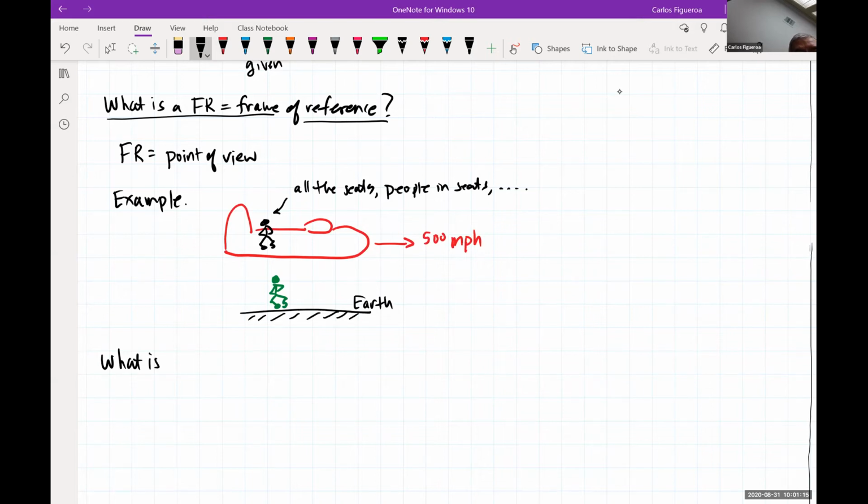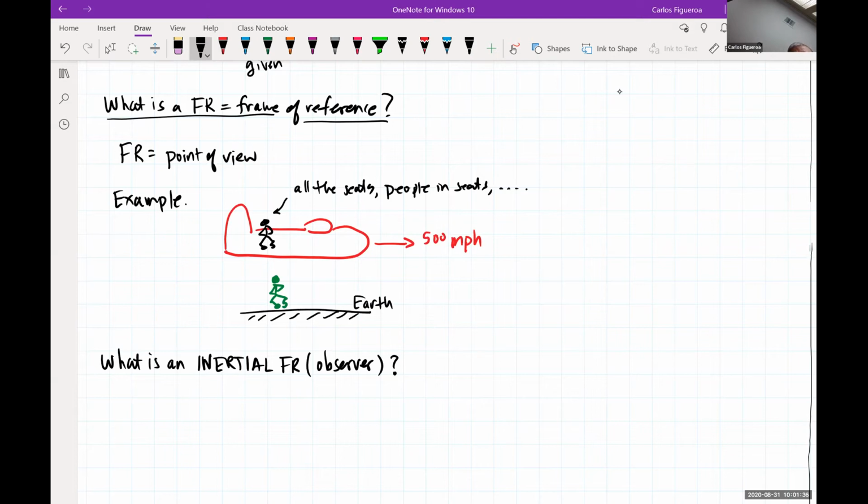what is an inertial frame of reference? And a lot of times when you hear me talk about frame of reference, I'm really talking about an observer. Okay?